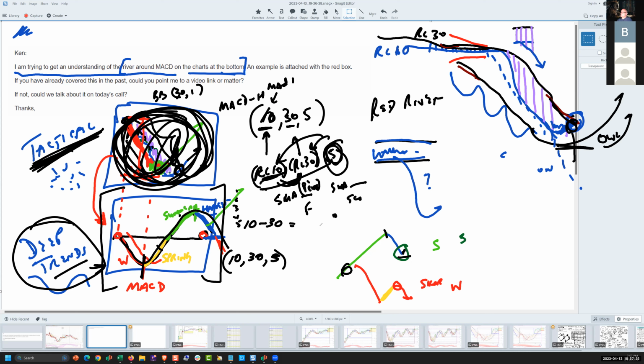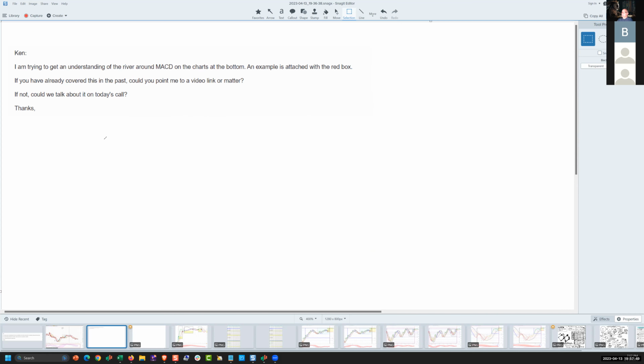So how do we interpret? One of the ways we can do that is coming down to look at the MACD histogram, and we want to see how far this thing went into the winter. Was it a significant move into the winter? Okay, so here's how we're going to do that. We're going to set up the 0 line, and then we're going to compute the signal line, and it's going to go like this, and then it's going to go up, and it's going to come down, and it's going to come down again.